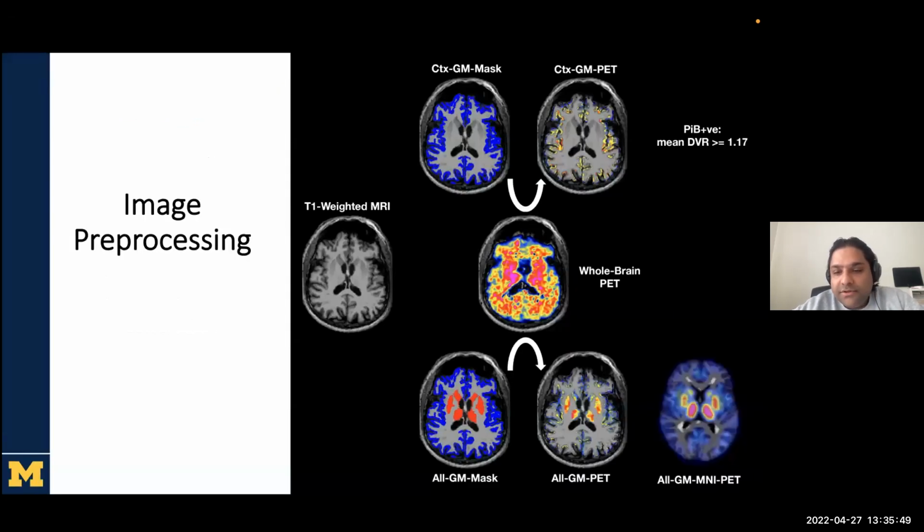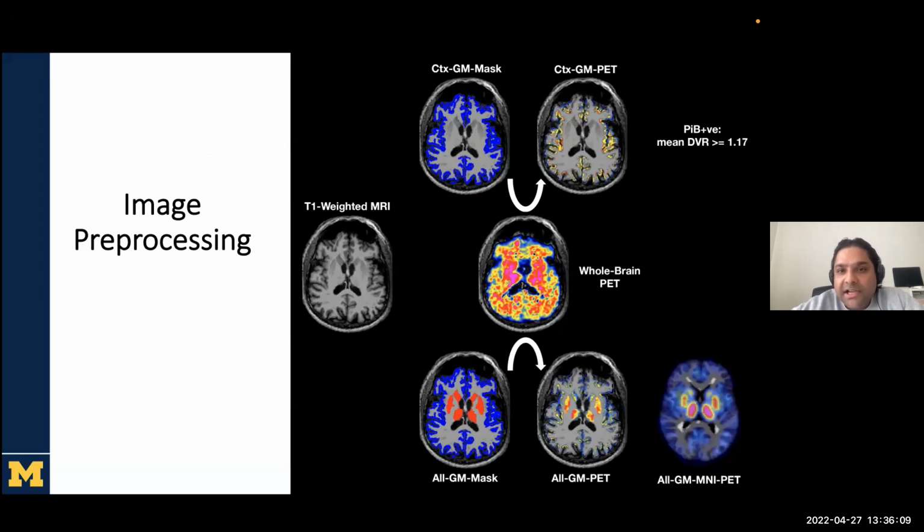The first step is that we take a T1 MRI image from each participant and segment it into gray matter, and gray matter with subcortical regions. This is done using the FreeSurfer pipeline.